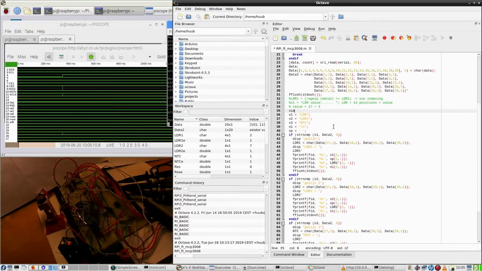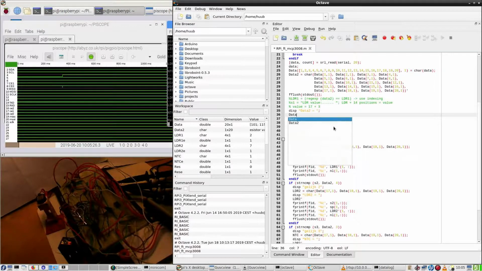So disk, data 2 is, and then say data 2 transpose, and flush out, of course.